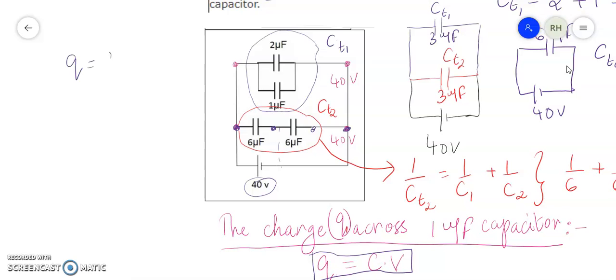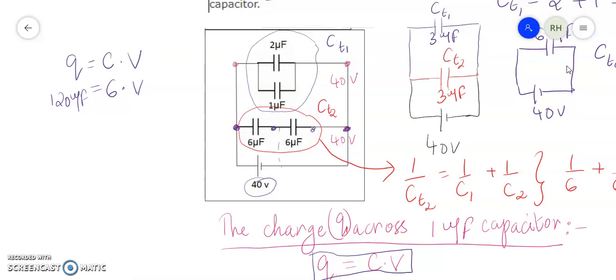Q is equal to C times V, and we know that C is 6 microfarad, and the voltage we don't know, so we need to find that. So I put V as it is, and the Q is 120 microcoulombs, because we just found that it's 120 across this whole line.